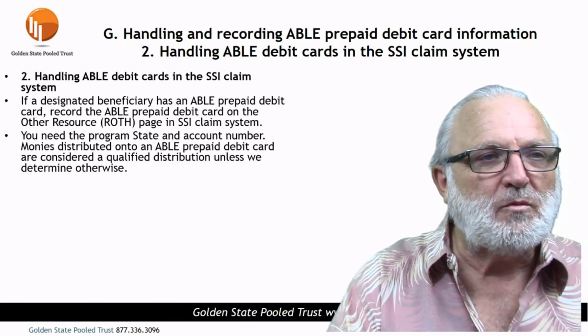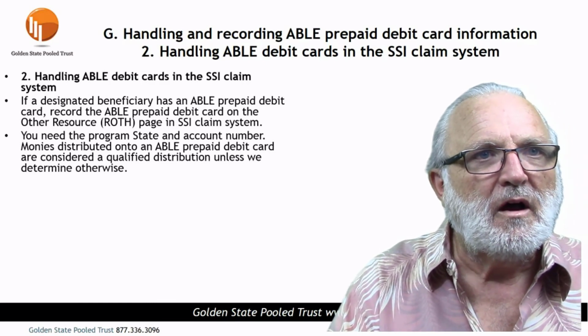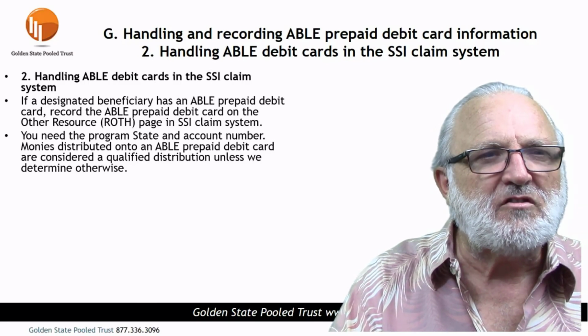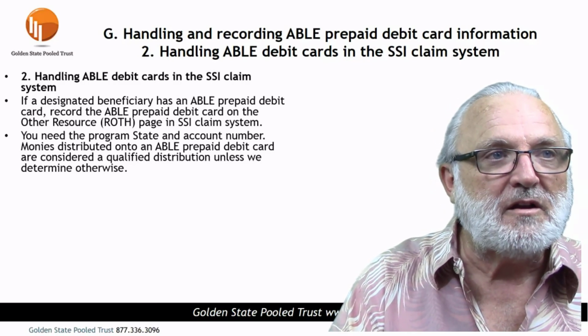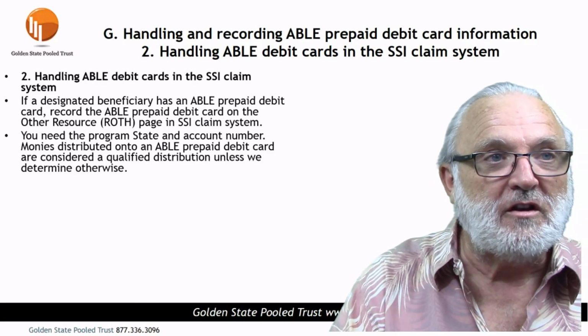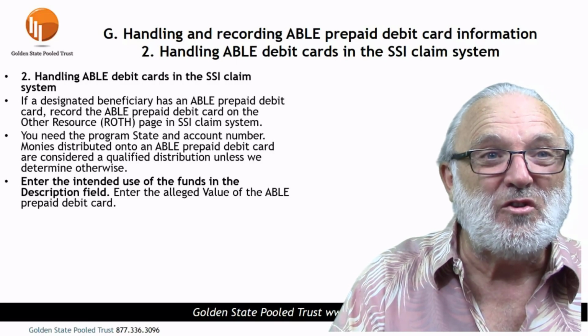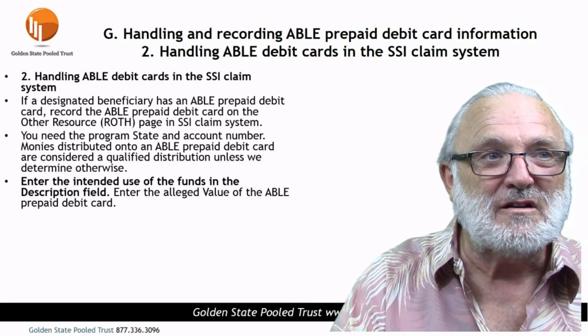The eligibility worker or SSI worker is going to need the program state and account number. Monies distributed to the ABLE prepaid card are considered a qualified distribution unless Social Security determines otherwise. It's suggested to enter the intended use of the funds in the description field.